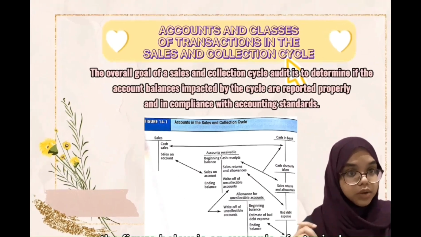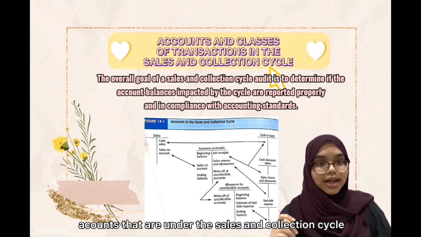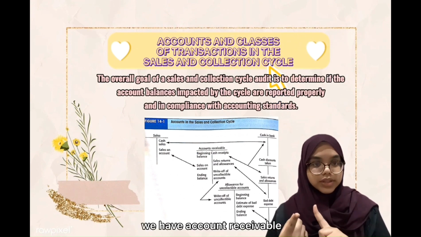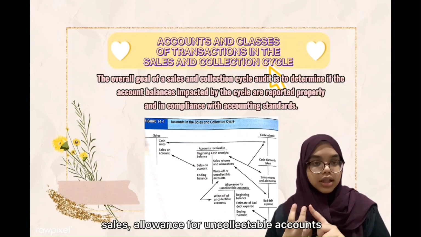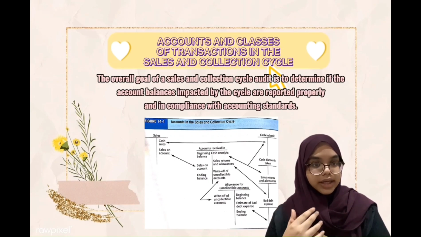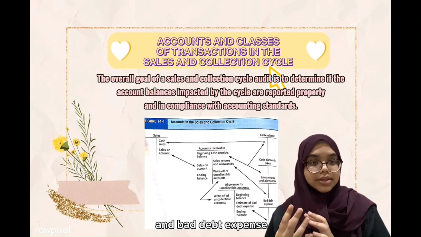The figure below is an example of typical accounts under the sales and collection cycle: accounts receivable, sales, allowance for uncollectible accounts, cash in bank, cash discounts taken, sales returns and allowances, and bad debt expense.